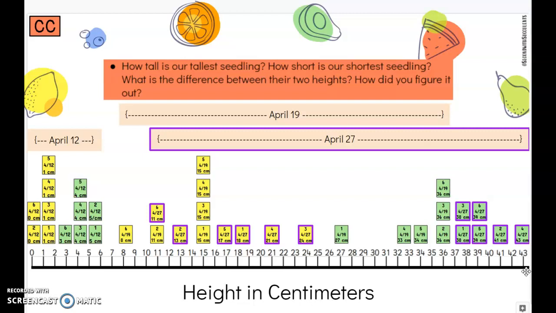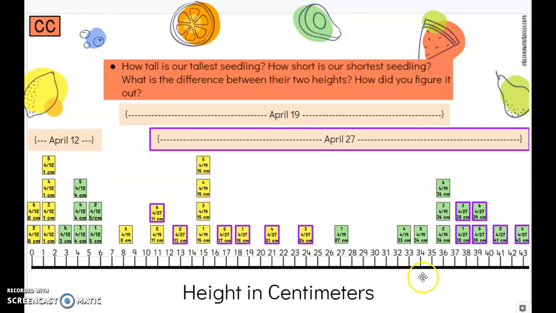Good thinking. You could have figured that out in a few different ways. You may have done some math just in your head, thinking, well, 43 minus 10, I know that that's 33, but I'm going back 11, so I need to subtract one more to get to 32 centimeters. You may have used our line plot as a number line.